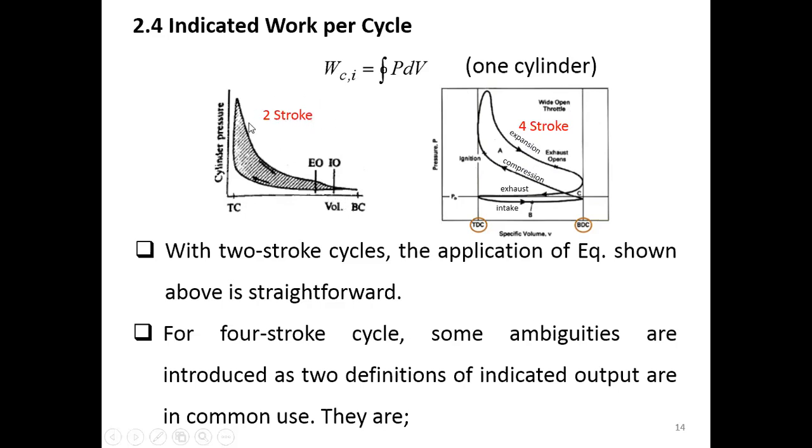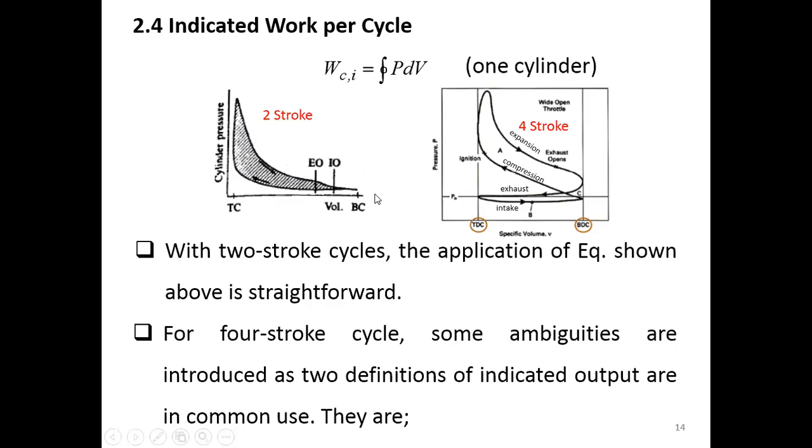And for this two-stroke, if you want to apply these equations on this two-stroke PV diagram, it's really straightforward, you can apply it directly. Because the cyclic integration of P times dV here represents what? The enclosed area of these cycles, the enclosed area here.